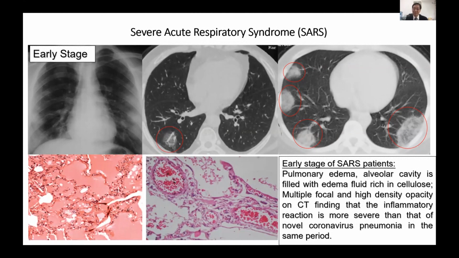The point is primary edema: the alveolar cavity is filled with edema fluid rich in cellulose. Multiple focal and high density opacities on CT manifestation show that the inflammatory reaction is more severe than that of novel coronavirus pneumonia in the same period.